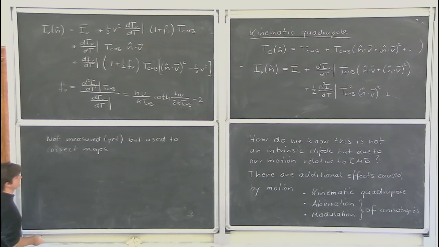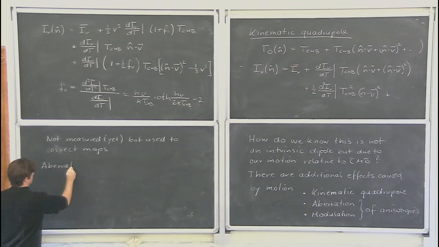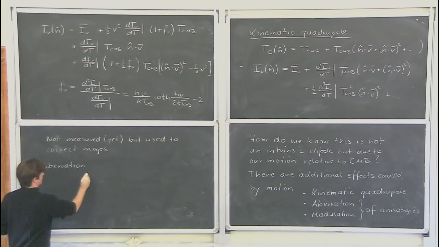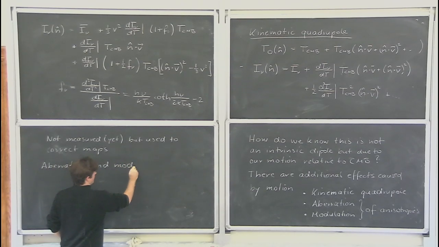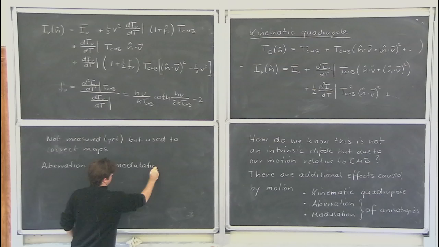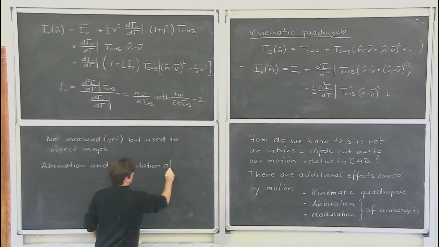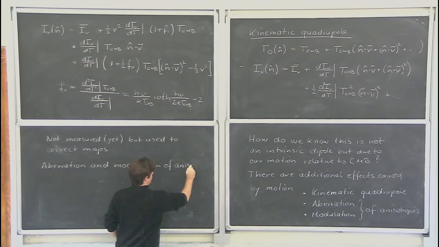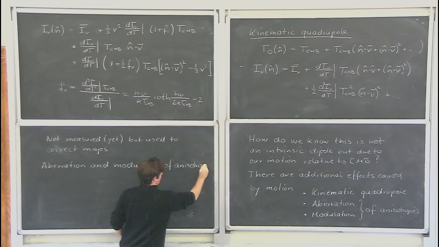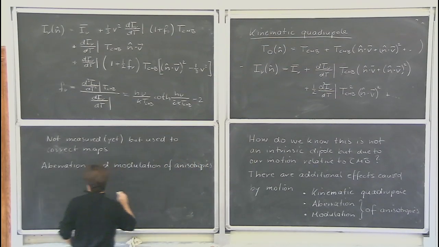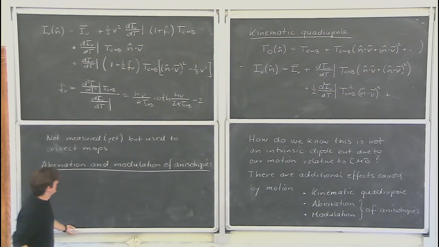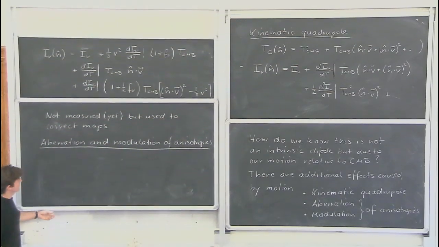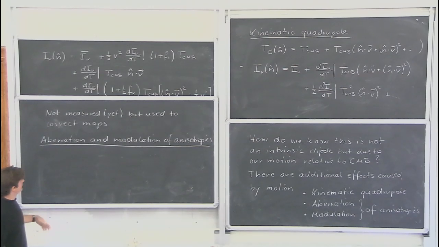Okay, so now let's look at the aberration and modulation of anisotropies. And I'll stick with temperature. In principle, there are also effects on the polarization that I won't be discussing. But in principle, this is something you can also work out in the same way.